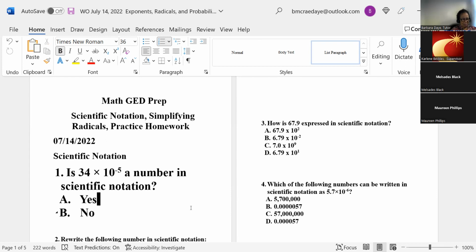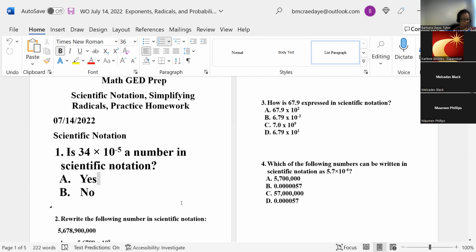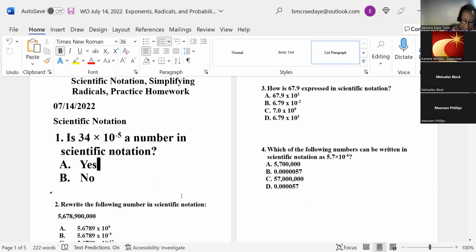The first digit, the first part of the scientific notation, must be less than 10. Must be between 1 and 10. I corrected that. I think I said less than 10 before, but it should be between 1 and 10. All right. So that's correct because 34 is greater than 10, right, Maureen? Yeah. Okay.